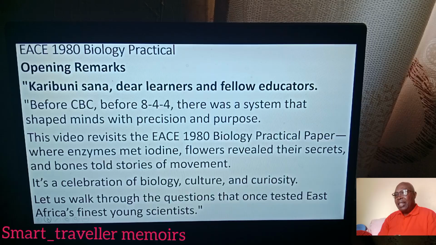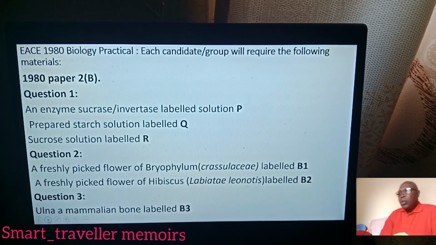So the following biology tutorial is as good as the ones being done at the moment in the KCSE. You are also welcome, as a candidate, to go through the various techniques and tricks in this wonderful 1980 EACE biology practical.